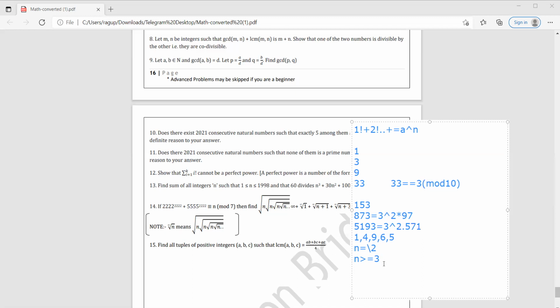So let's check. If we work in mod 4, 1 plus 3 is 4, which is divisible by 4, and then 4k plus 1. So after that, all the numbers appearing are congruent to 1 mod 4.